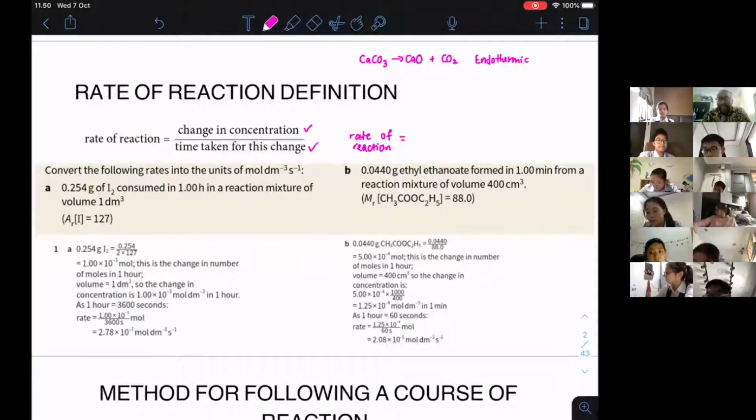But if I want to find out the rate of decomposition of calcium carbonate, what can I use? Do take note that this is solid, this is solid, this is gas. Can I use change in concentration divided by time taken?